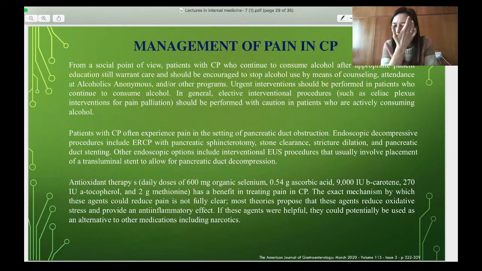The next step in treatment of pancreatitis is management of pain.